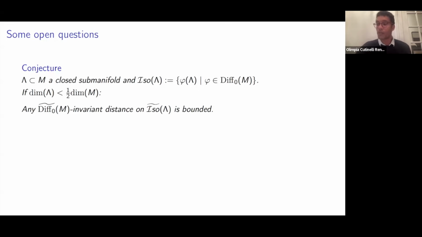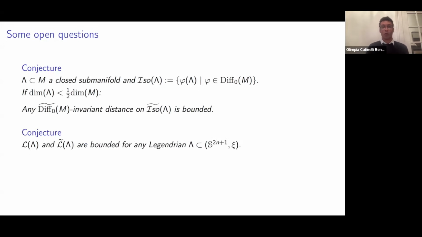Okay, so this was one question. Another one is also based on the fact that for the contact sphere, we know a lot of flexibility results. For example, Fraser, Polterovich, and Rosen showed that for the standard contact sphere, if you look at the group of contactomorphisms, then you cannot find any interesting bi-invariant distance on this group.